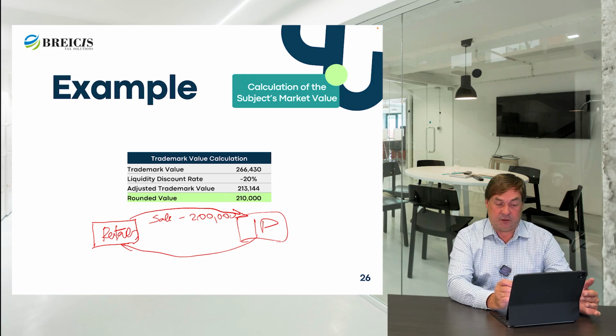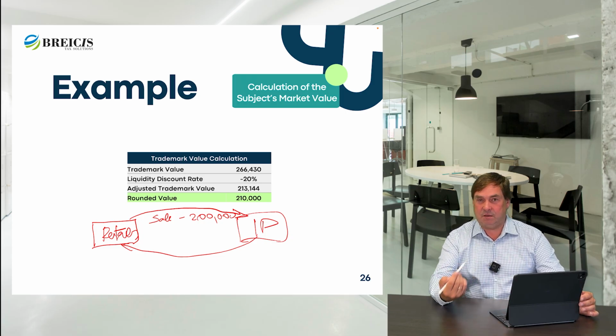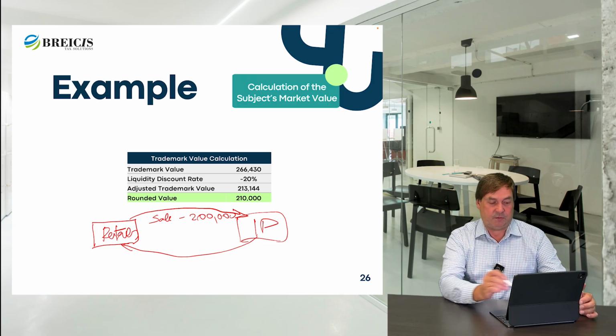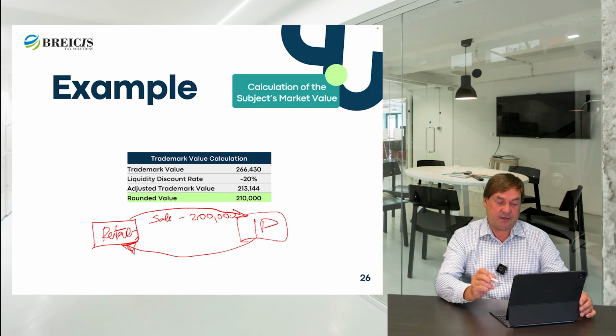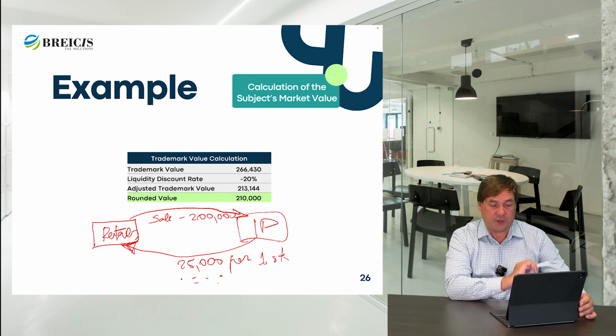If not, it could also hold it without licensing, but the idea is that the IP company should earn from licensing it back, or probably licensing this trademark also to some other traders. But in this situation, let's assume that the only related party is the client. So the sale of the trademark is for 200,000, and licensing back is for 25,000 for the first year, and then for the next years.